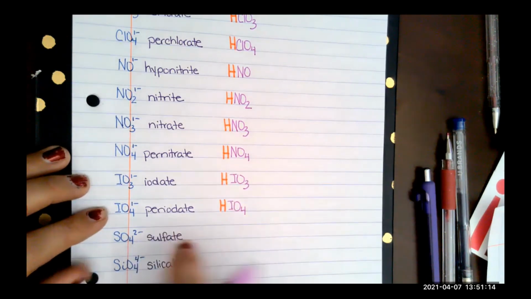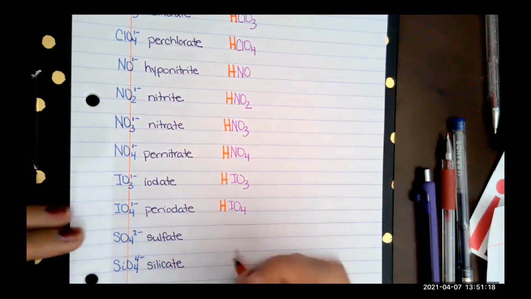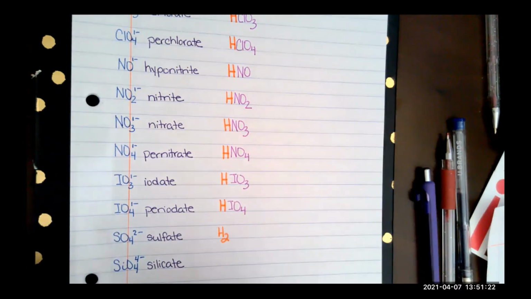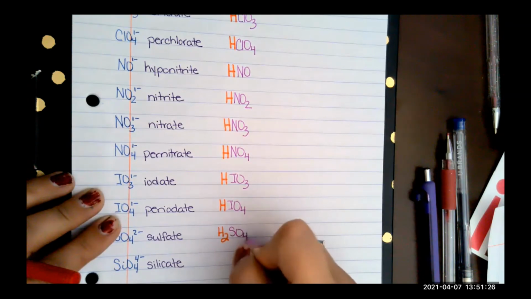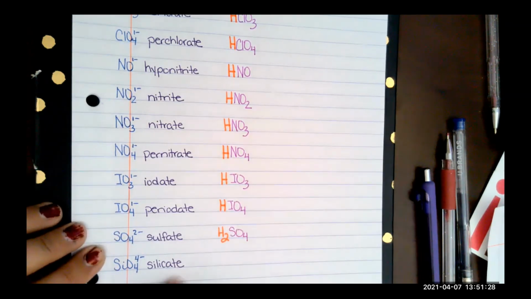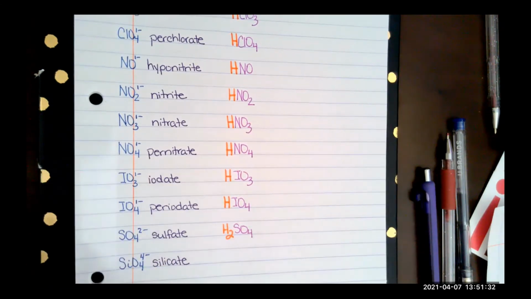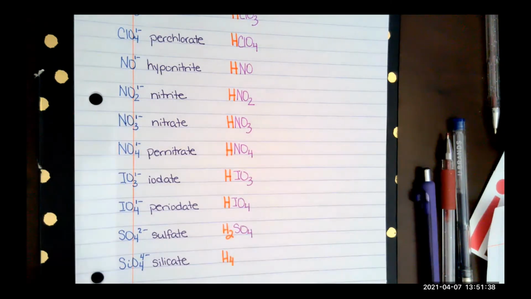For sulfate, the charge is 2, so it's H2. That subscript 2 tells you how many H's there are, and then you write SO4. For silicate, it's SiO4, but the charge is 4 minus, so it's H4. That 4 is a subscript telling how many H's you have, and it's H4SiO4.